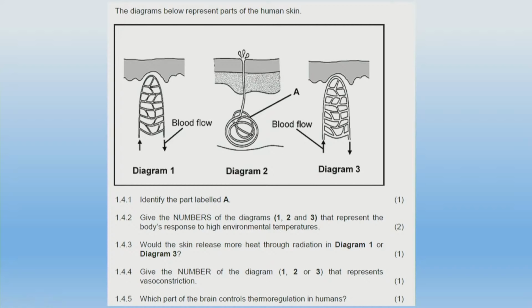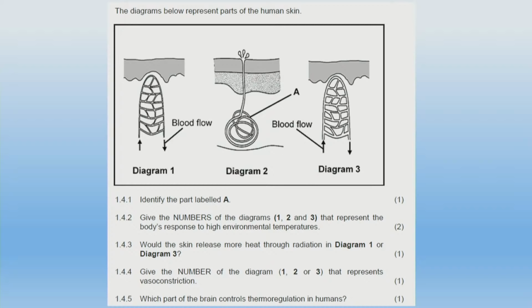And then question 1.4.2, give the numbers of the diagrams 1, 2, and 3 that represent the body's response to high environmental temperatures. While we are still on this question, please make sure that you revise temperature regulation on a hot and cold day.